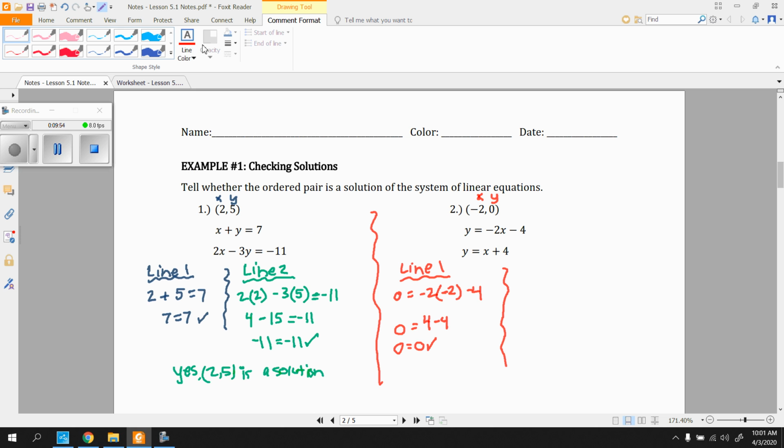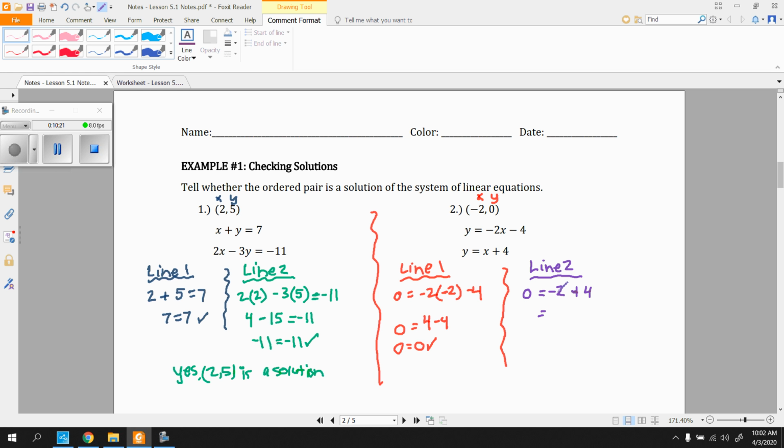Let's change colors here. Line 2, same process. Plugging in a 0 on the left side, because that's what y is. So I'm replacing my y with a 0, equals x, I'll replace them with -2 plus 4.